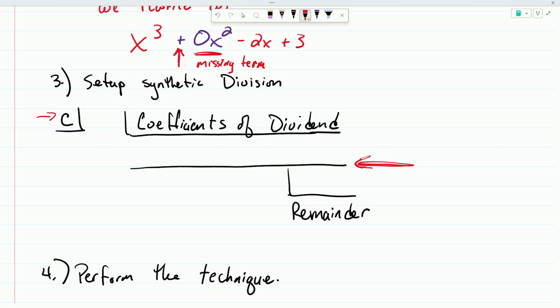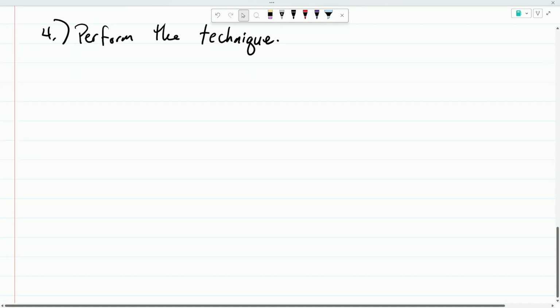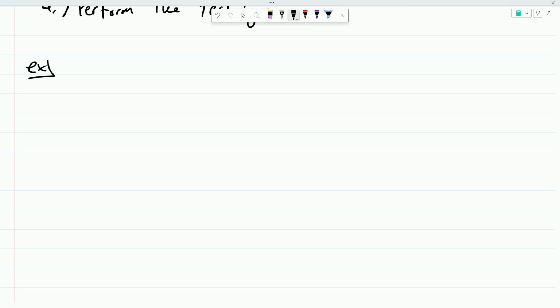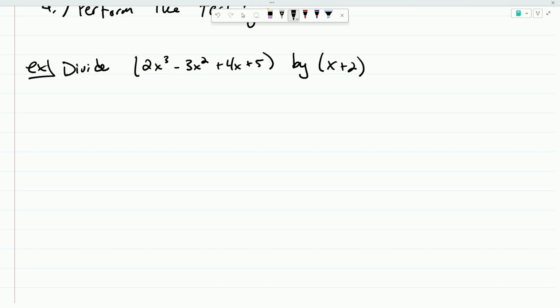Okay? So let's go ahead and let me show you an example doing this. And we're going to use the example that we had at the very start. So we're going to divide 2x to the third minus 3x squared plus 4x plus 5 by x plus 2.